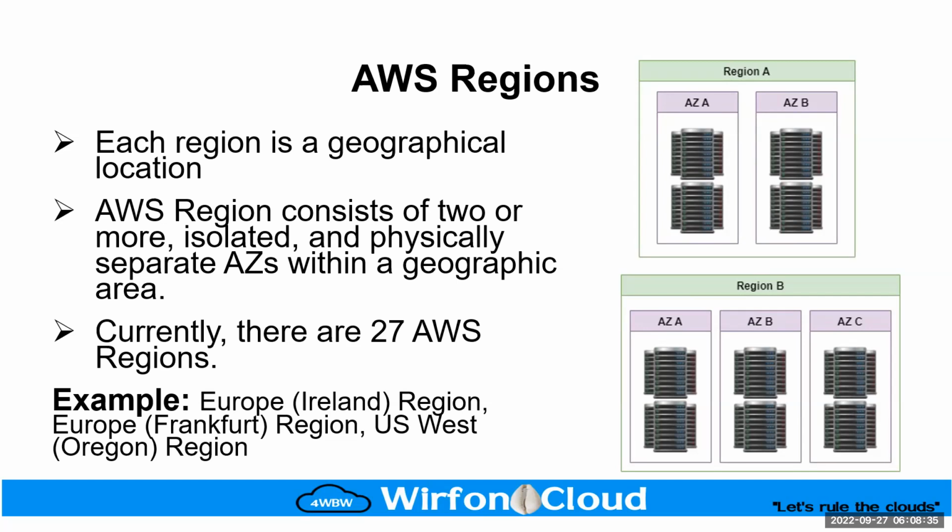Depending on what you are designing, you think, if I have it in this region, what if something happens in this region? Then you think, should I really have a backup in another region? Those are things that will come up as you go along.